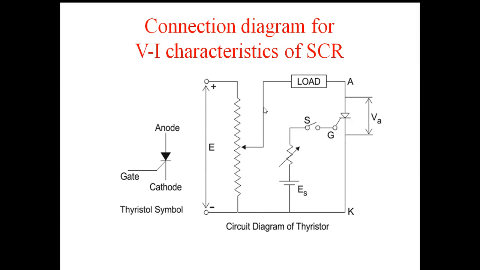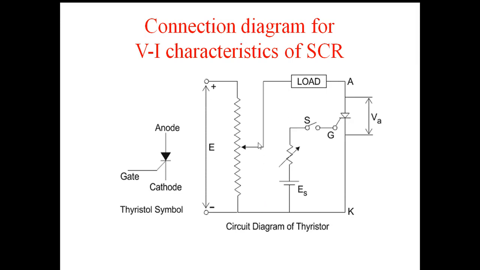This is the connection diagram for the V-I characteristics of the SCR. See, this is the SCR. The terminals anode, cathode, and gate will be connected to the concerned circuits. Here the SCR is connected to an external supply by using an auto transformer, so a variable supply is provided.